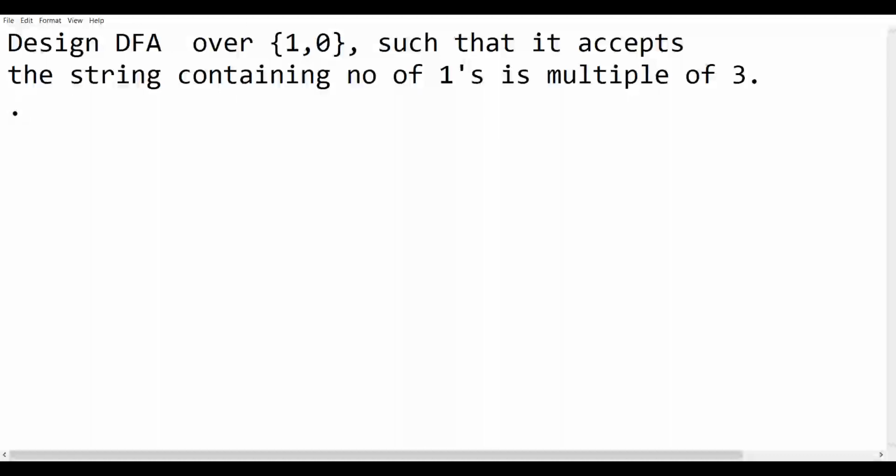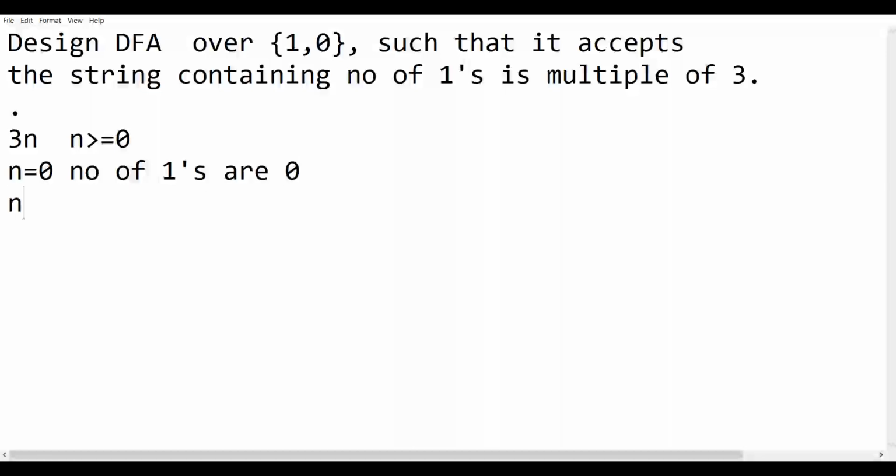So in general, we write the number of ones in the form of 3n, right? Here n we consider greater than or equal to 0, because we need to consider the string of length 0 as well. How? Let us take n equal to 0. It means the number of ones in the string is 0.